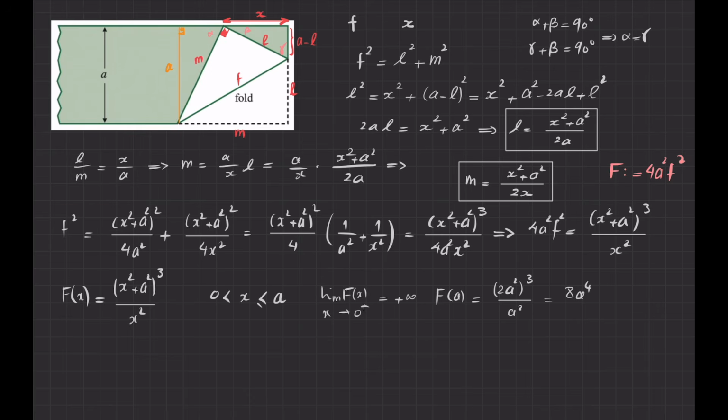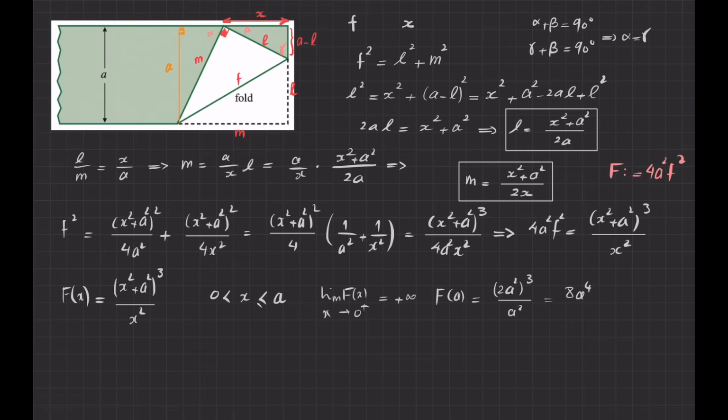Okay, so that is the values of my function, because this function is continuous here. But of course, it approaches infinity if I go closer and closer to 0, and at a, I will have this one. Okay, so in order to find the maximum or minimum of the function, you know that on an interval you have to calculate the value of the function at the endpoints, and also you need to find the derivative of the function and put it equal to 0.